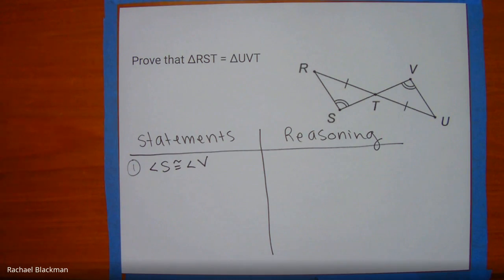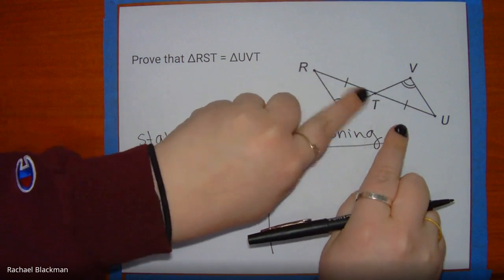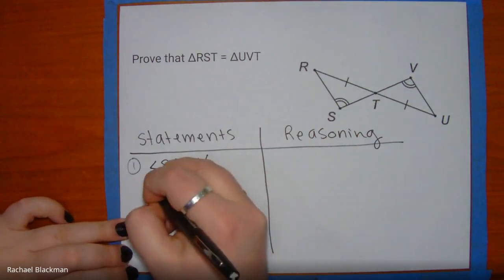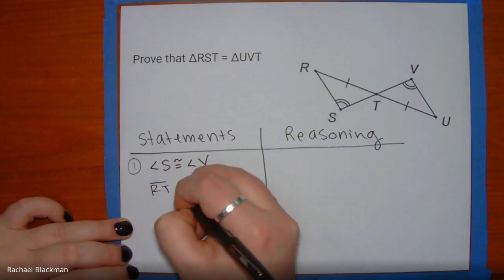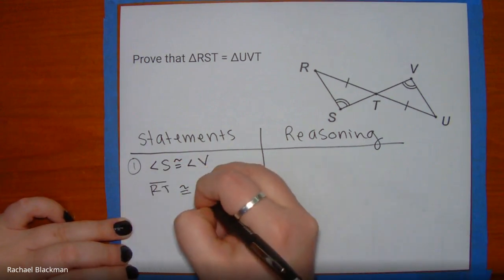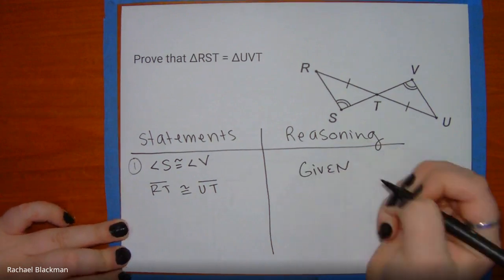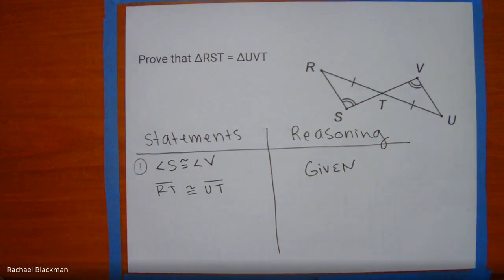Yeah, I think we said something about R and T's and V's in there, right? We got that segment RT and TU, right? Segment RT congruent to UT. There we go. Given.